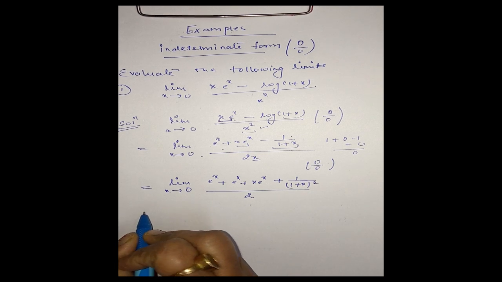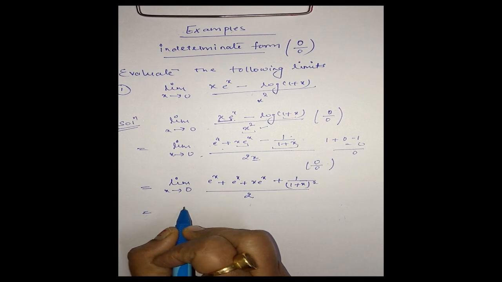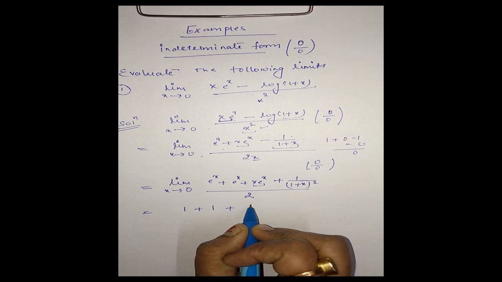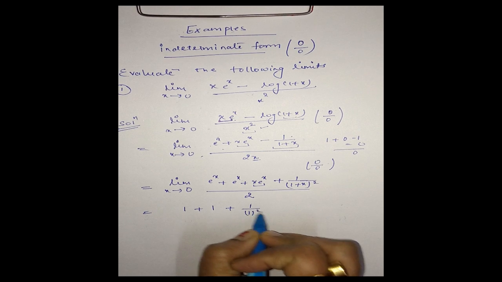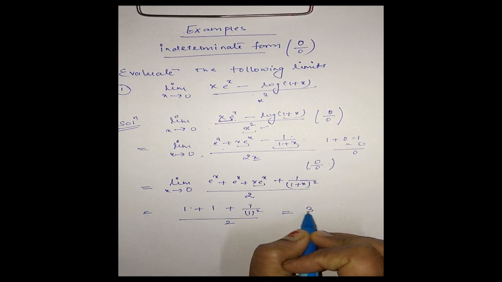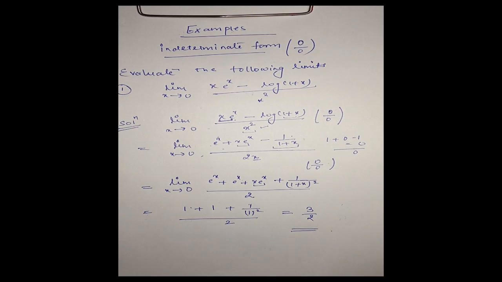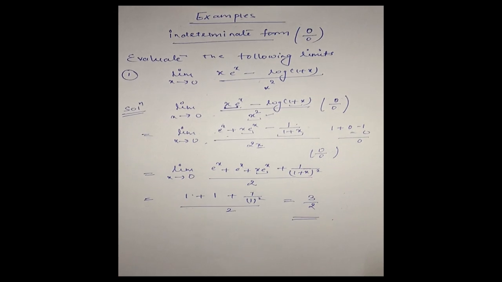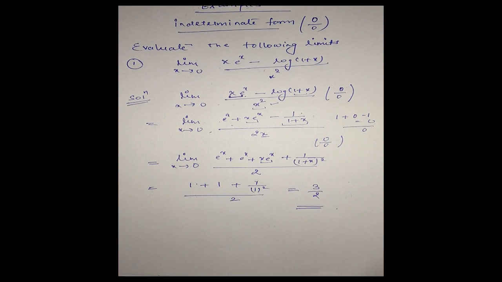Clear? Now on taking limit, this will be e power 0, that is 1. Here also 1. This is 0. And this is 1 upon 1 square divided by 2. And this is 1 plus 1 plus 1, 3. That is 3 by 2. This is how we have to apply L'Hopital rule. Okay, clear? Now we come to the next problem.